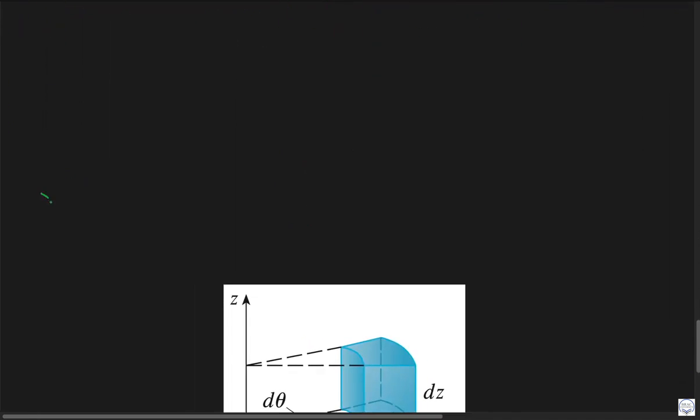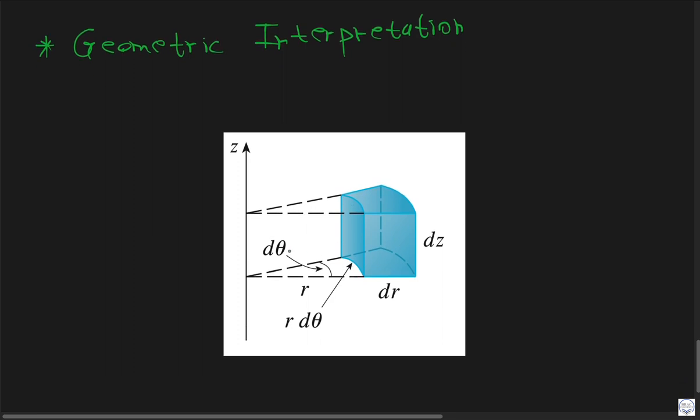Now let's look at some geometric interpretation of the volume element. This is very similar to how we developed our geometric interpretation for the polar coordinates.